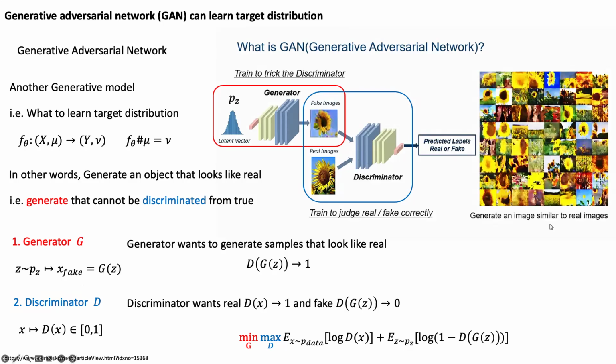So this part should converge to 1, so this should enforce this part, real image, to 1, and this should converge to 0, so fake image. Having this, the generator should try to minimize the whole loss. So this is called the min-max GAN objective.